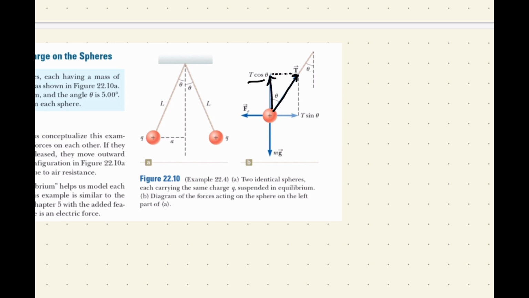Here, it's T, the magnitude of the tension vector, multiplied by cosine theta. In this case, theta is this angle here. And here you get the other one, sine theta. If they don't give it to you, it's your objective to break this vector down into its own components.